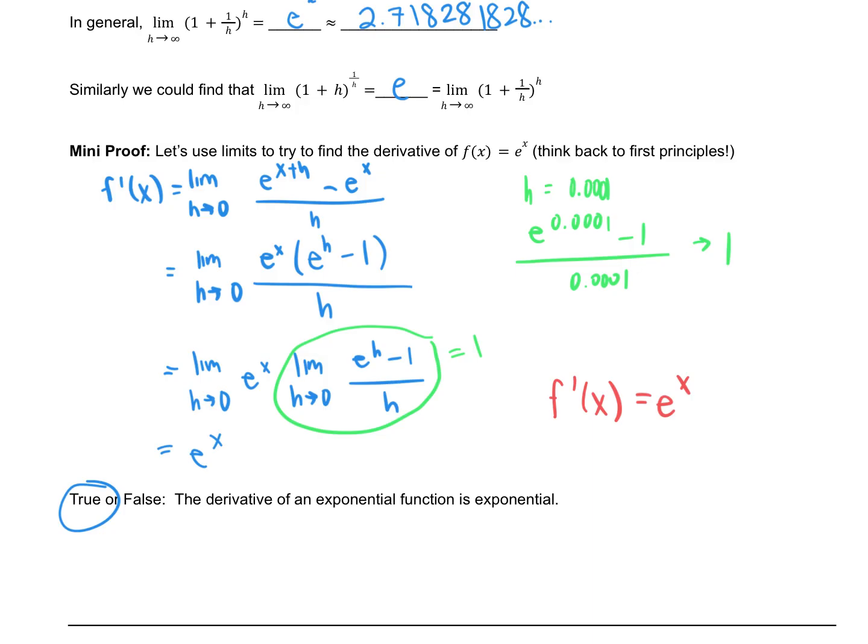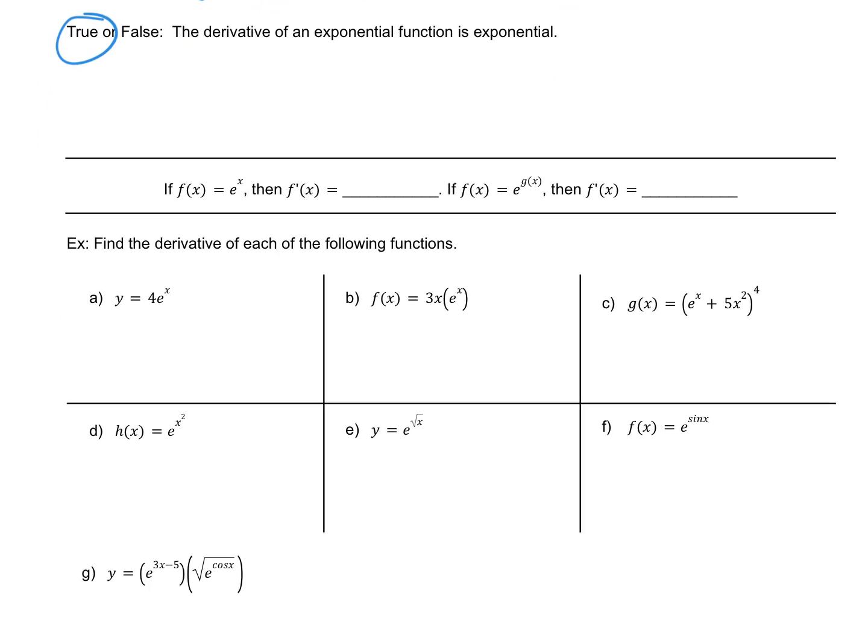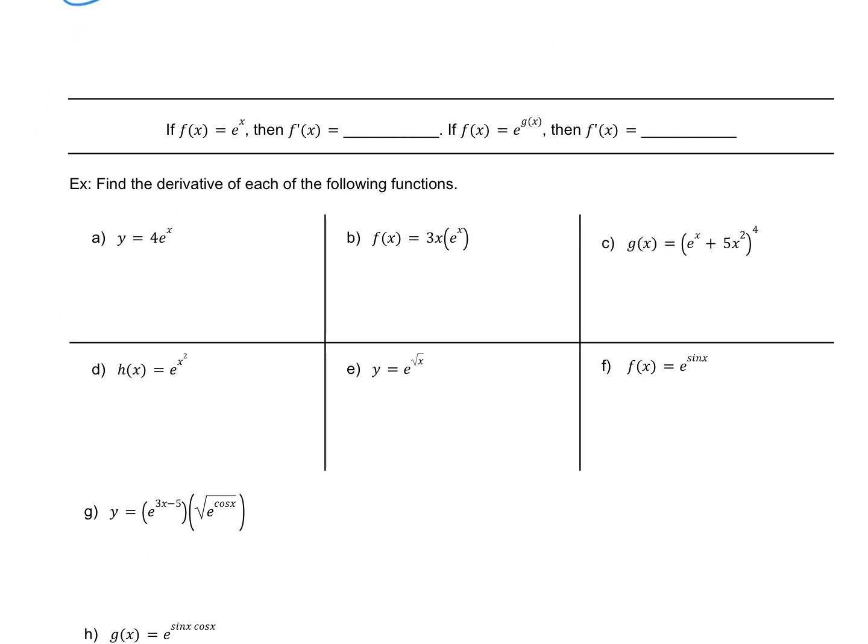Now, obviously we're not always just going to take the derivative of e to the power of x. We could have a composite function where we have a function within a function. So let's look at that. If our function is e to the x, the derivative is e to the x. But if our function is e to the power of g of x, where g of x is some other function, this is a chain rule. I'm going to take the derivative of the outside function.